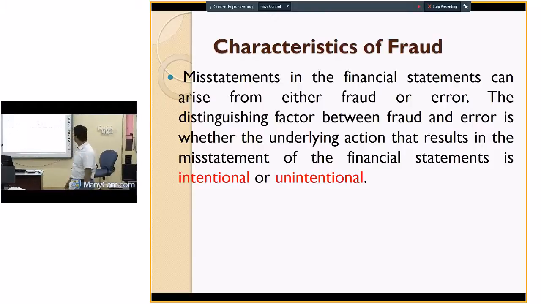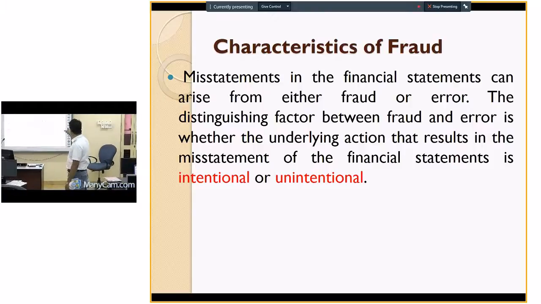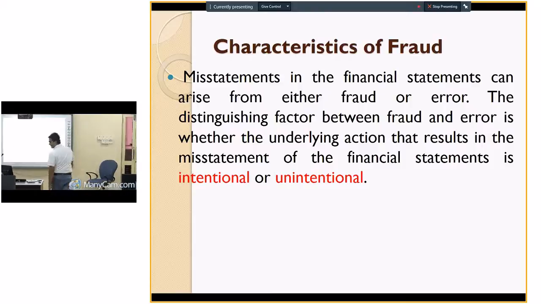Misstatements in the financial statements can arise from either fraud or error. We already discussed those areas. The error is unintentional and the fraud is intentional.